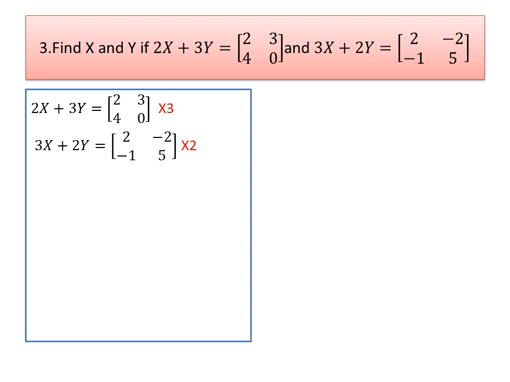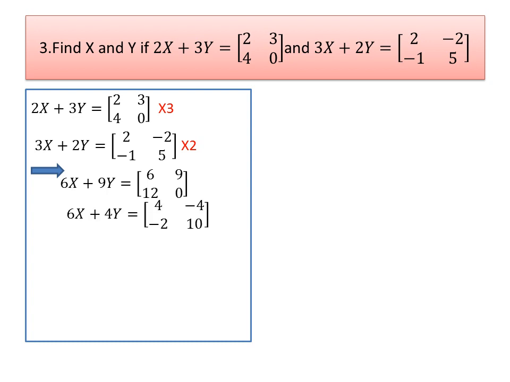To make them equal, multiply the first equation by 3 and the second equation by 2, which gives the equations 6x plus 9y is equal to [6, 9; 12, 0] and 6x plus 4y is equal to [4, minus 4; minus 2, 10].